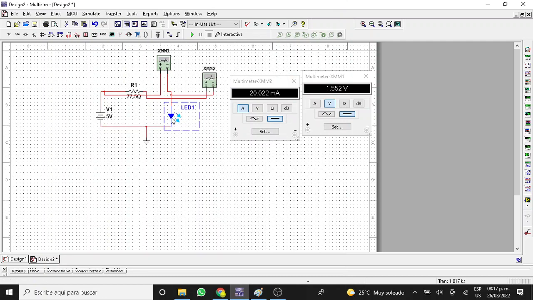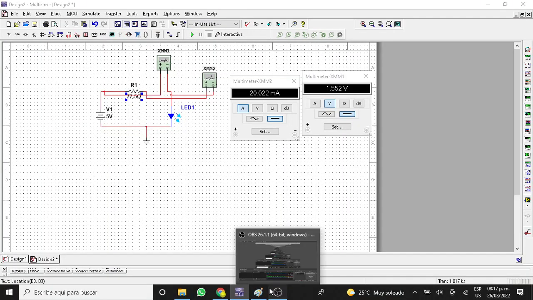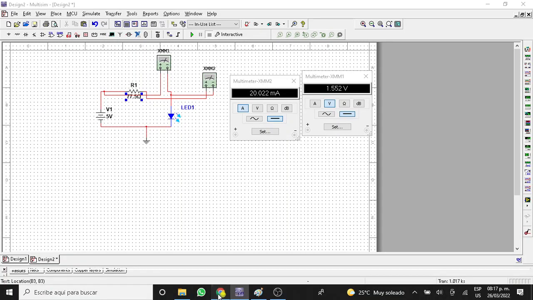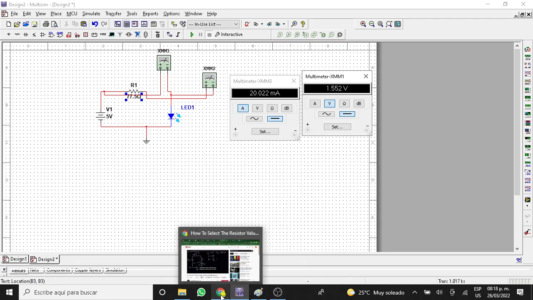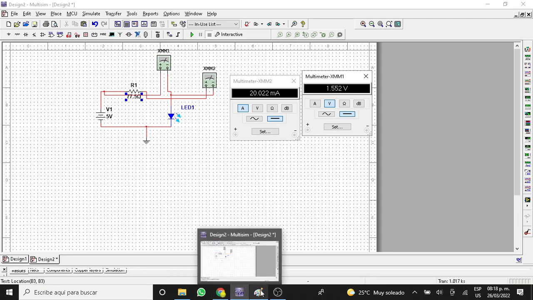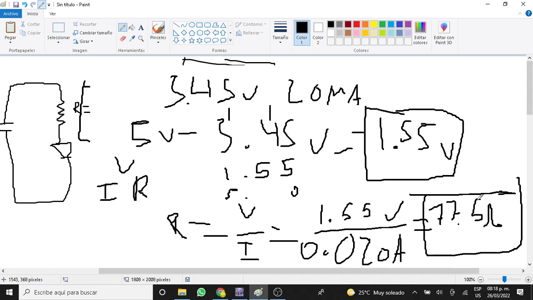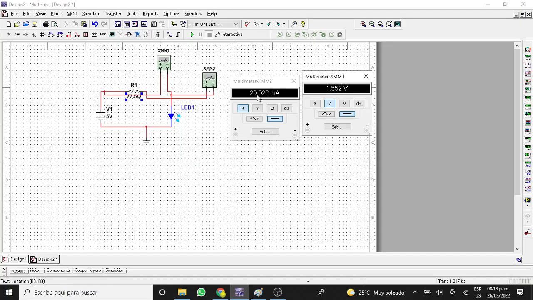Now we're going to check. Okay, we have the LED and we have the resistance with 77.5 ohms. This is the value. We have 20 milliamps.